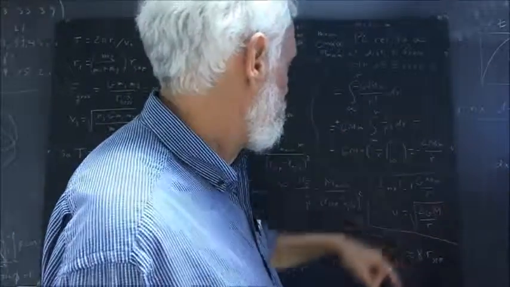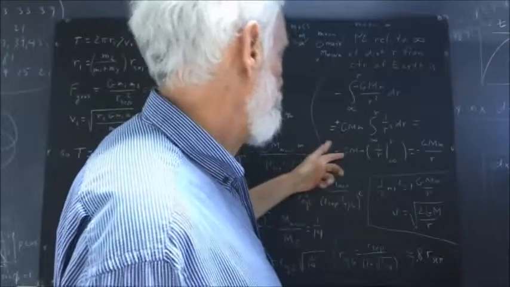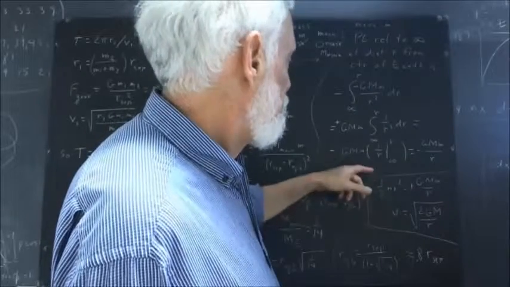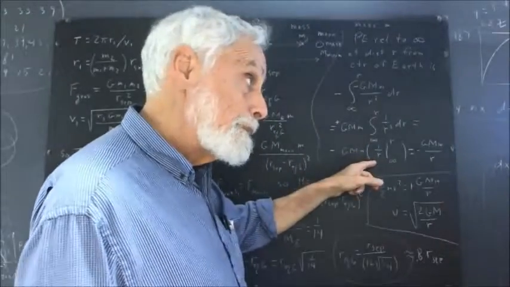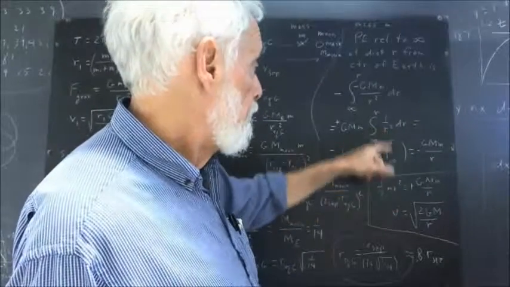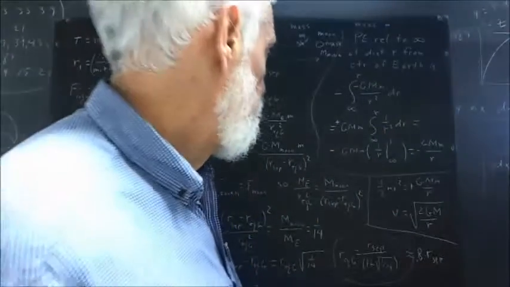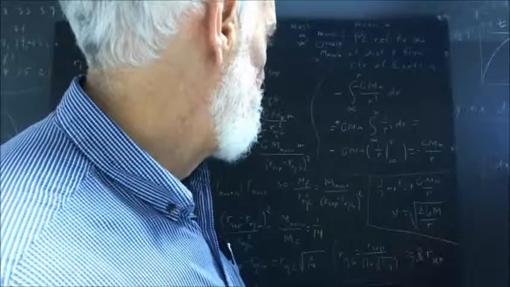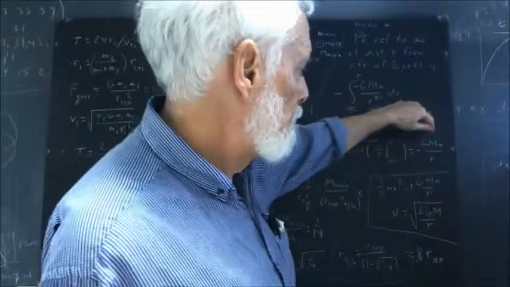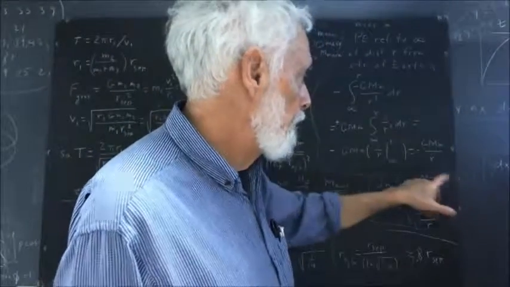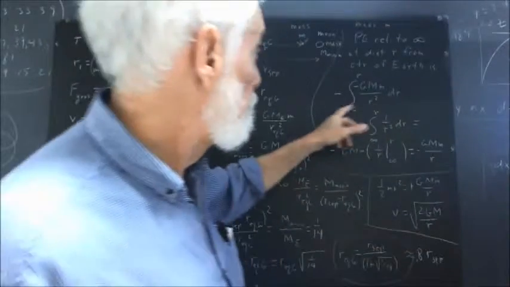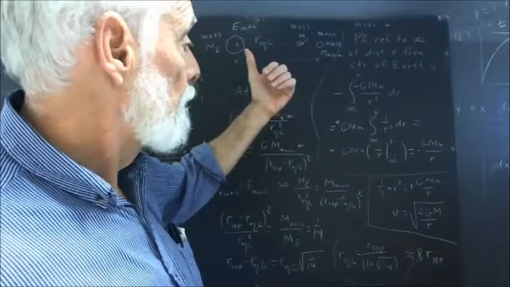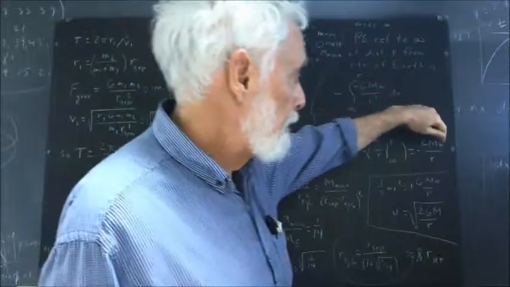And that integral is, well, negative big G big M little m times 1 over r evaluated at r and infinity. And that's going to end up being just negative big G big M little m over r. So that's the potential energy relative to infinity of an object of mass little m at distance r from the Earth.